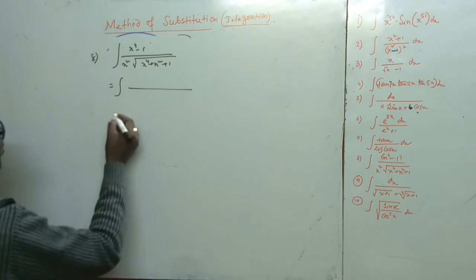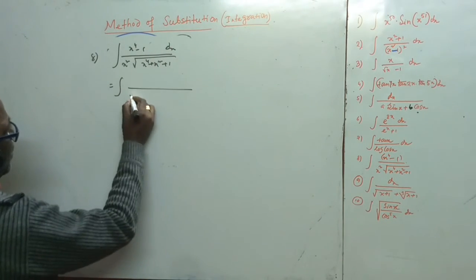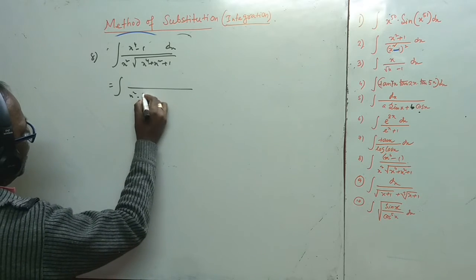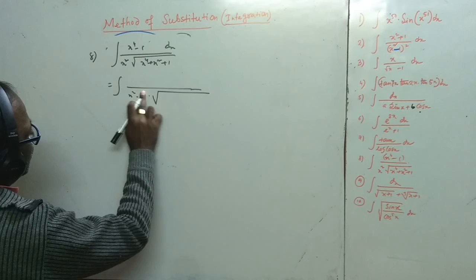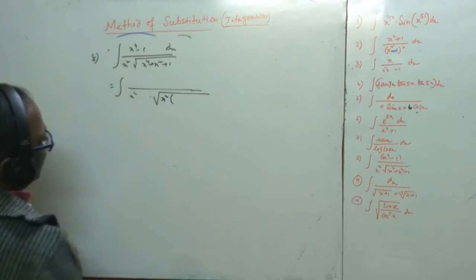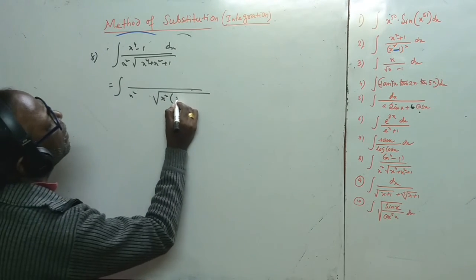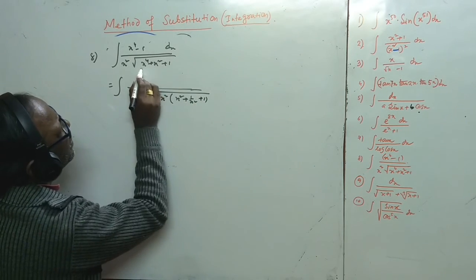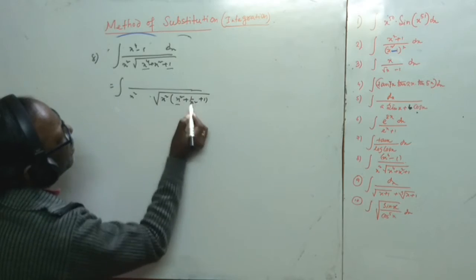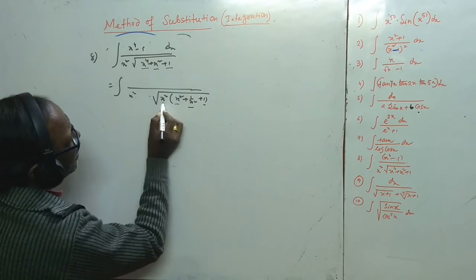And we take a common here. This is x square, again take a common x square, then we get x. So under root of, now we have taken x square common, so we got x square times 1 by x square plus 1. This is x square, and this is 1 by x square, and as we have taken x common, this is 1.